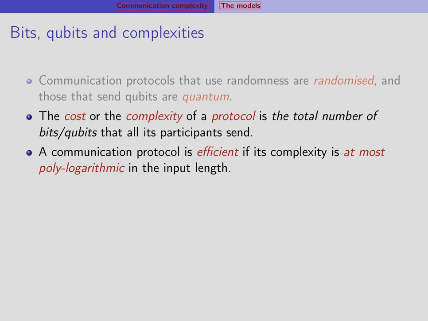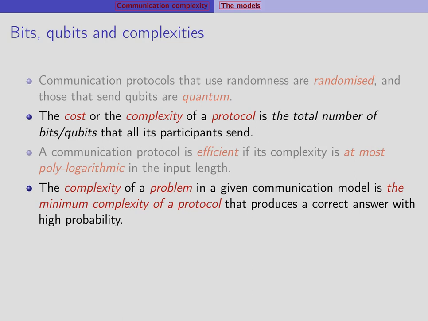So any communication complexity problem has complexity at most linear. Usually we want an exponential gap between the notions of efficient and inefficient in the context of complexity theory. That's why here by efficient we mean polylogarithmic.